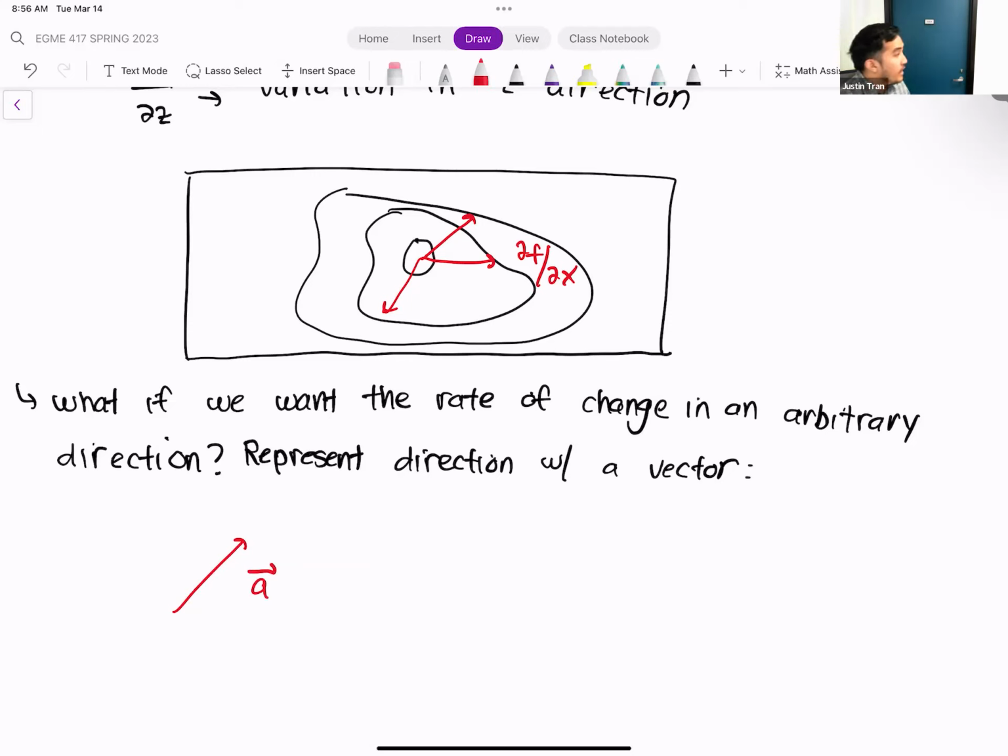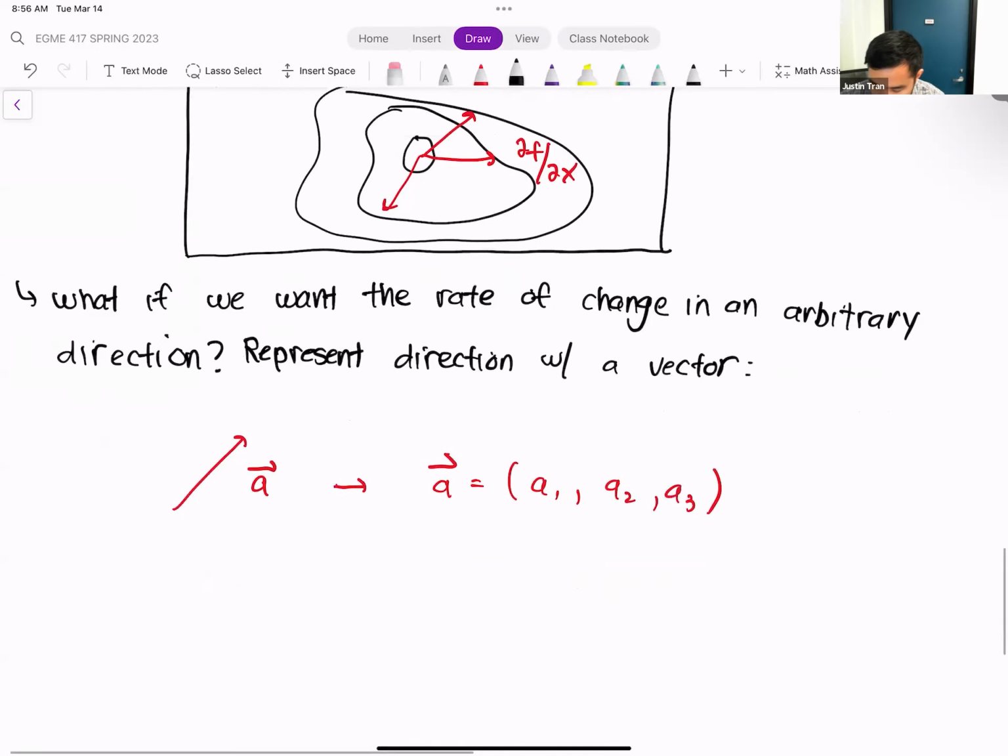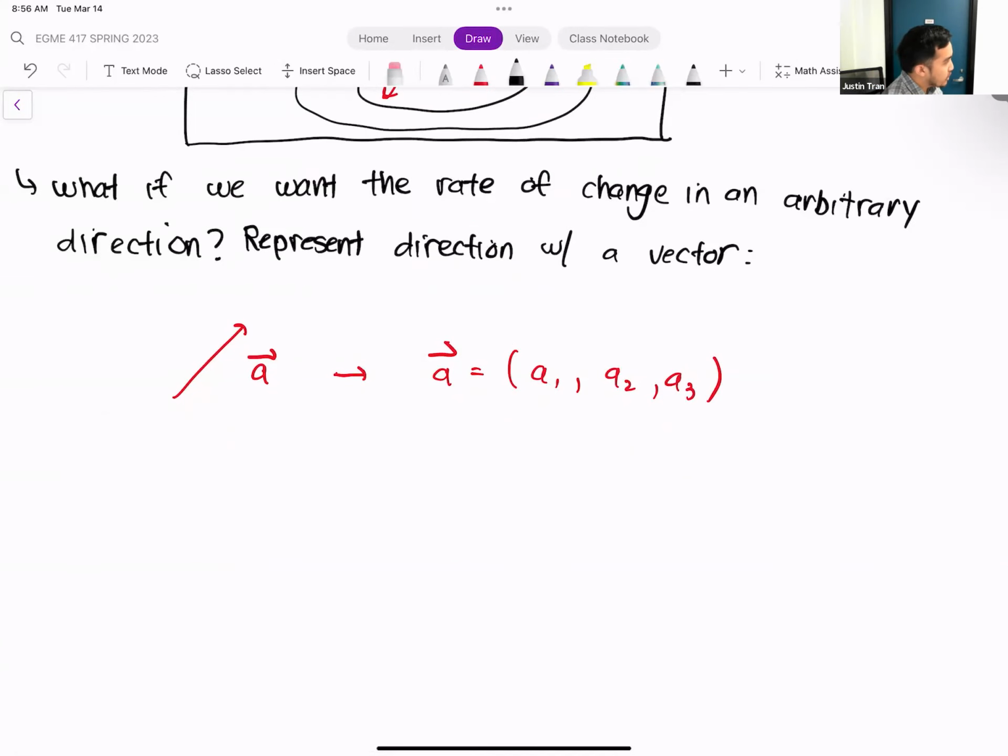And we'll call it the vector A. Okay. And so A is represented by A1, A2, A3. So we'll assume that's in three dimensions. Okay. And so to find the rate of change of your field in the A direction, all you have to do is take the dot product between the gradient of your function f and the unit vector that points in that direction.